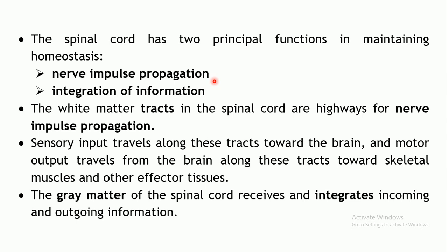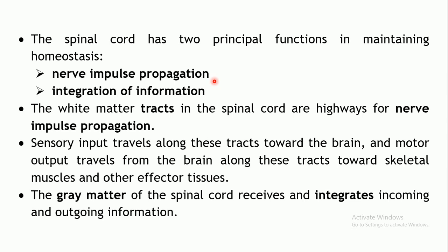That output is also carried along the spinal cord and it will exit the spinal cord through the anterior root and it will reach the effector organ and some change will occur, right? So the impulse which is traveling towards the brain or away from the brain is carried by the spinal cord.